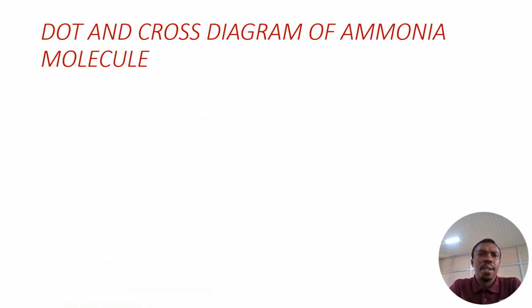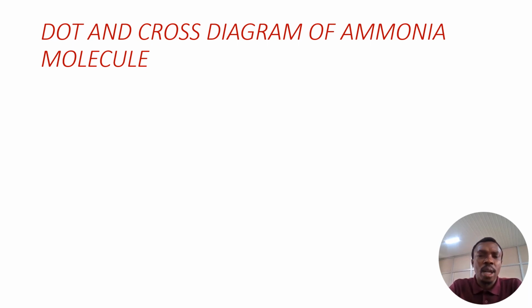So I want to show the formation of the ammonia molecule. Ammonia is a covalent molecule, so we want to show the formation of the covalent bond in the ammonia molecule using the dot and cross diagram. If you look at ammonia, it contains 1 atom of nitrogen and 3 atoms of hydrogen.